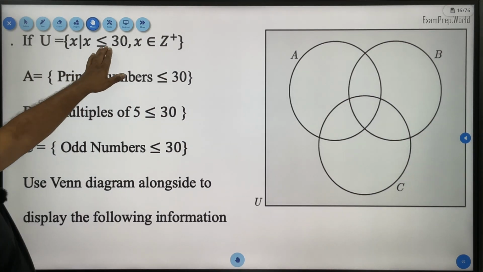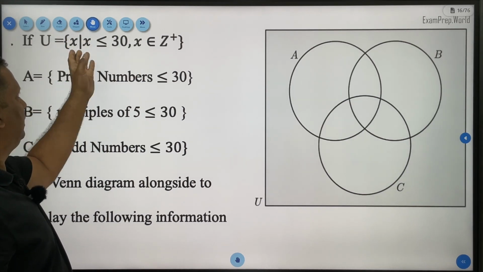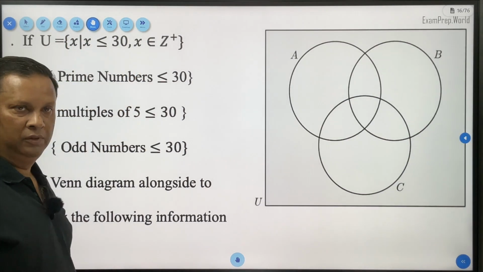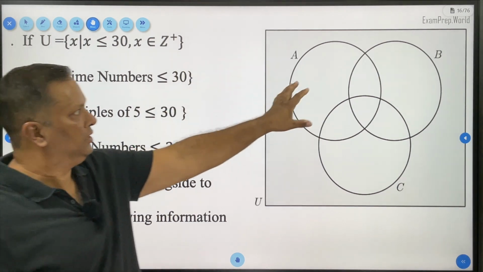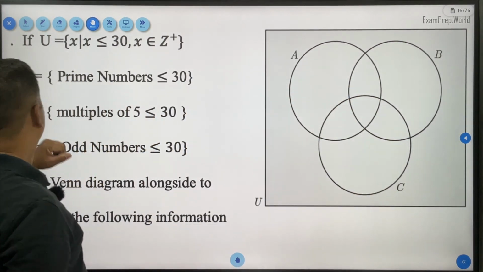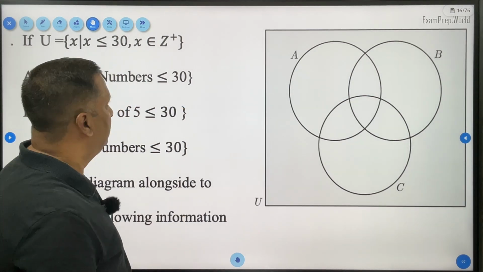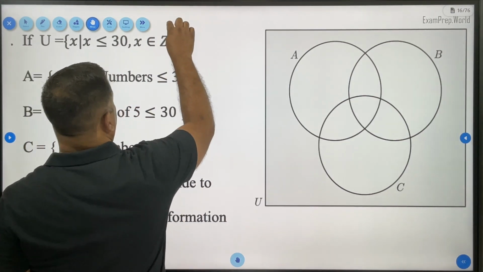X is a number. The universal set is all positive integers from 1 to 30. Everything from 1 to 30 should be inside this square bracket. But what about A? A is all prime numbers less than 30. Let us write A.